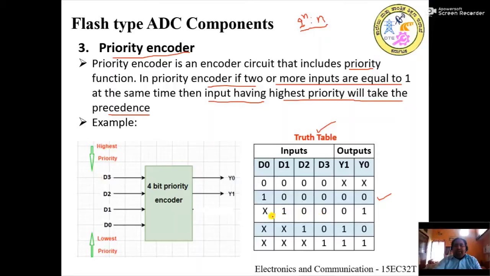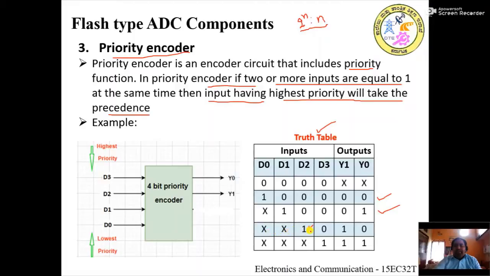In the third case, D1 bit is 1, whereas D2 and D3 are zeros. Here, irrespective of whether D0 is 0 or 1, D1 will take the precedence because D1 has a higher priority level than D0. That's why it neglects the content of the lower priority bit and produces the output according to the D1 bit. Similarly, in the next case, D2 bit is 1 and D3 is 0, whereas the lower bits D1 and D0 can be zeros and ones.